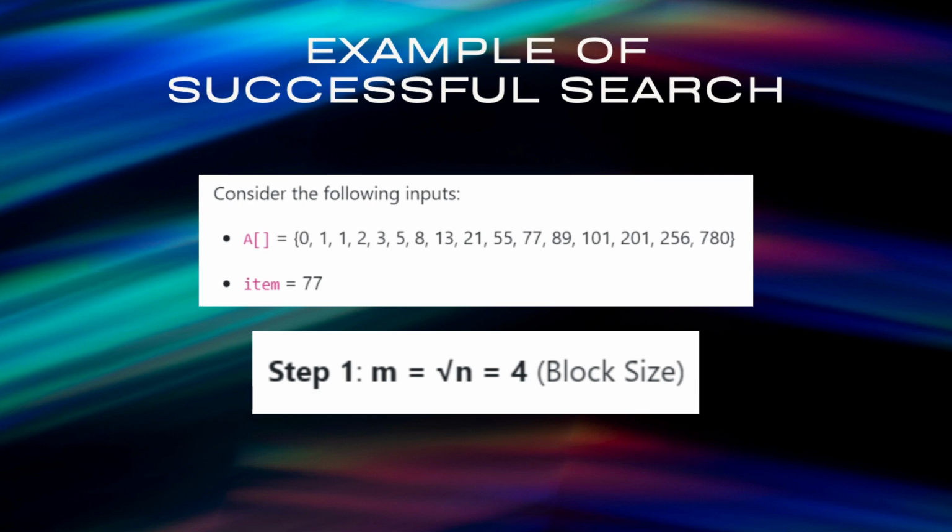We're looking here for the number 77. So, step 1, our formula is m equals square root of n. Our n will be 16 because the array has 16 elements. Square root of 16 is equal to 4. So, 4 will be our block size.